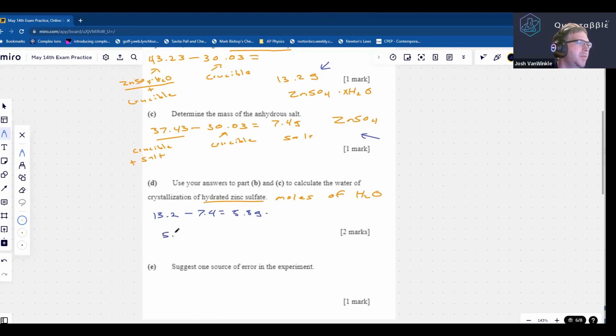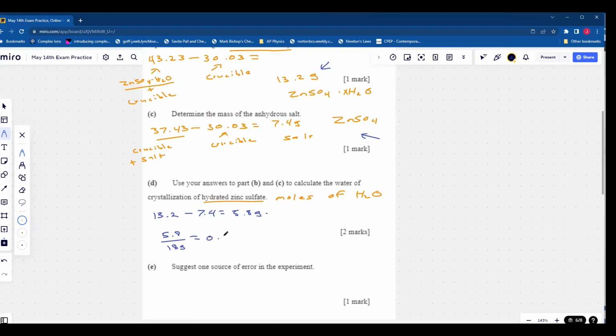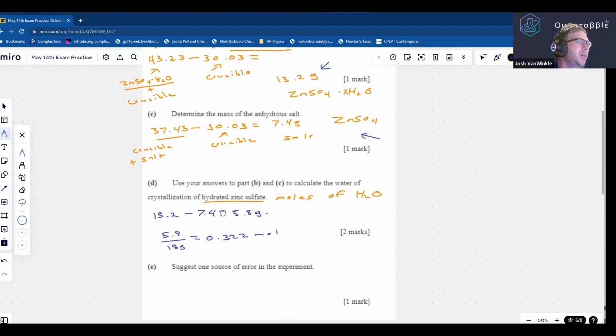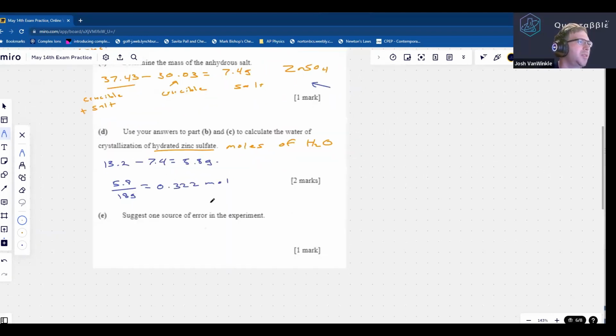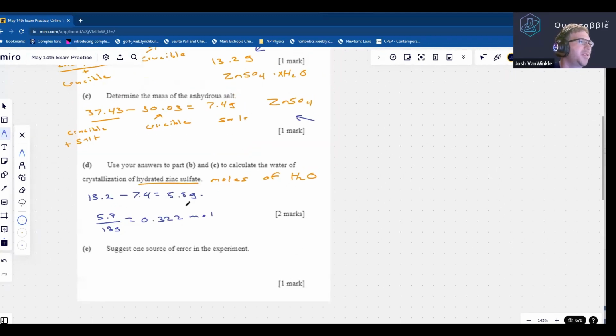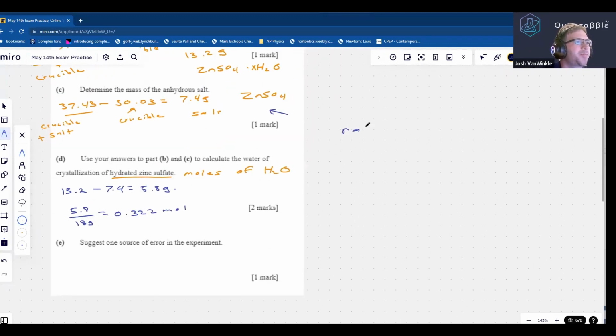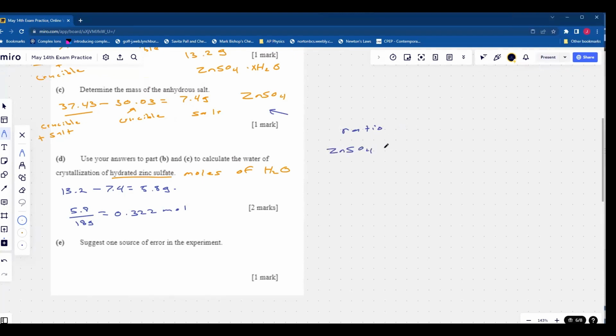So 5.8 over, what is it, 18? 0.322. Like that. So most IB questions are not going to stop here. This one does. What they're going to want to do is find the ratio between these two, ZnSO4 and the H2O.